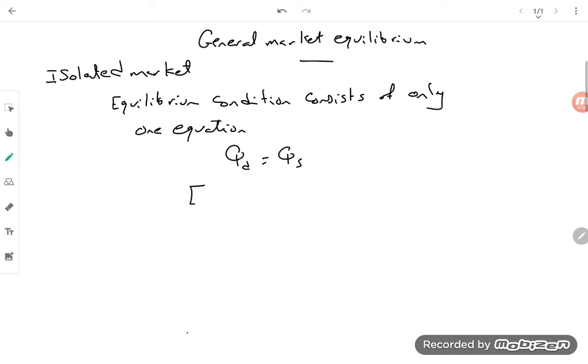So equilibrium will be achieved when QD minus QS equals 0, where E stands for excess demand, which means that there is no excess demand. And if it equals 0, it also means that there is no excess supply.